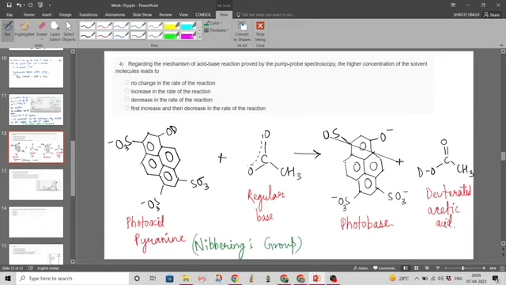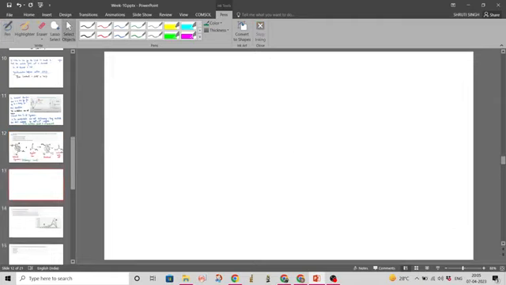Okay, and the mechanism which they gave, so the acid-base mechanism which they concluded, at low concentration. So first let's discuss at high concentration.